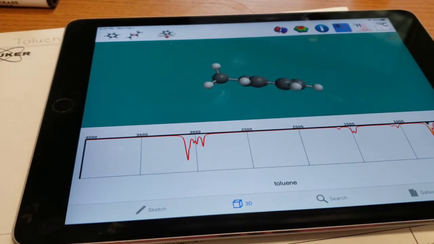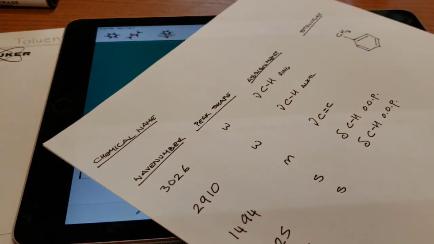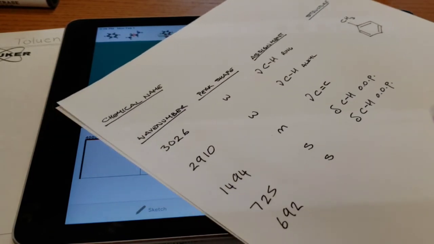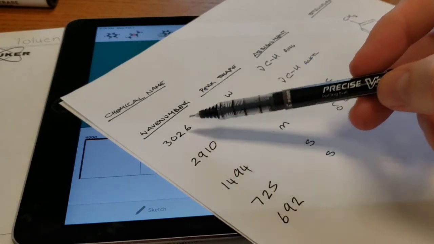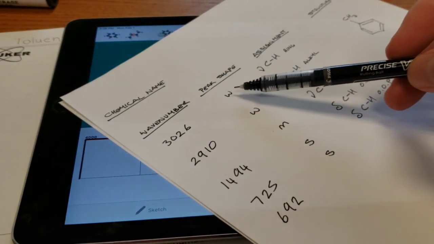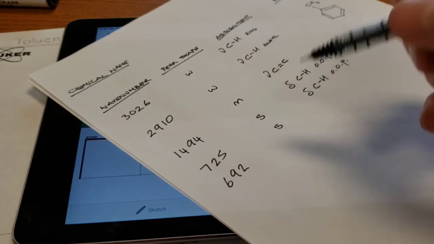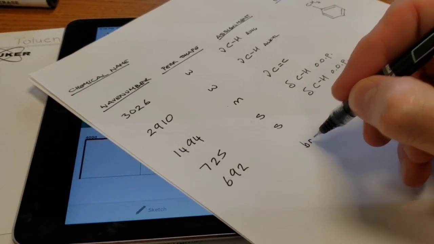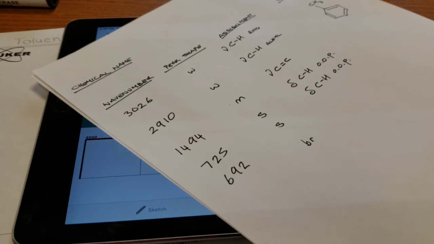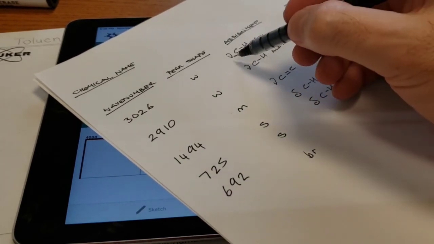Okay, so with all of that collected data, what you're going to be asked to do is fill out a table at the back of the worksheet that says, this is the wave number, this is its shape: weak, medium, strong. You can also perhaps see broad. And then we're going to assign it.